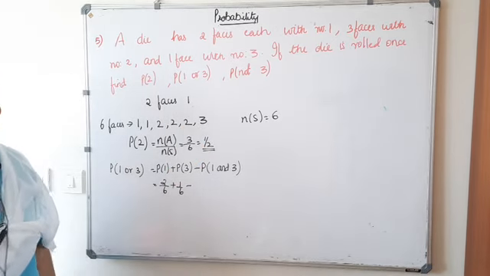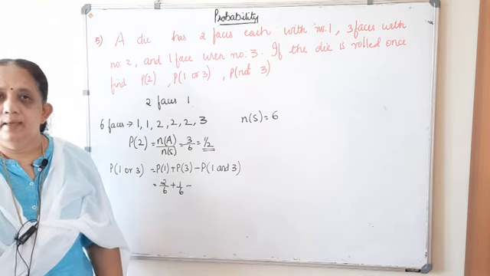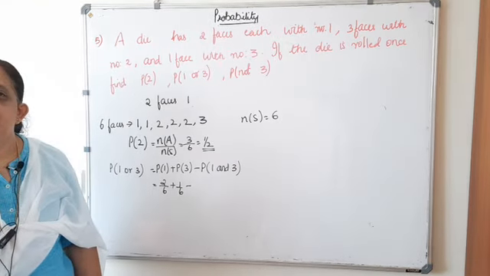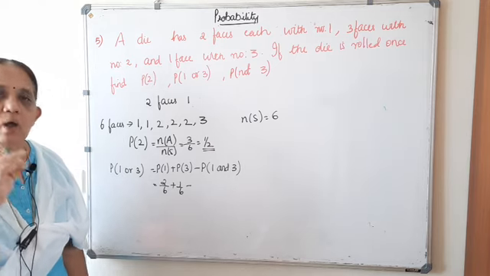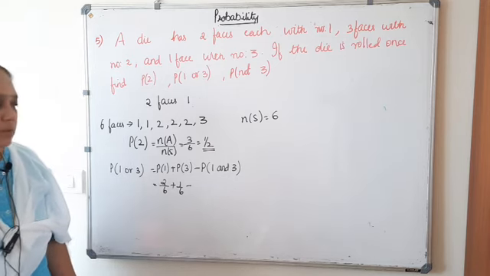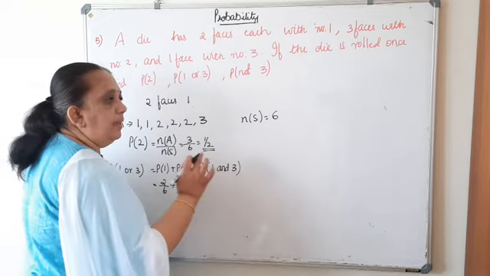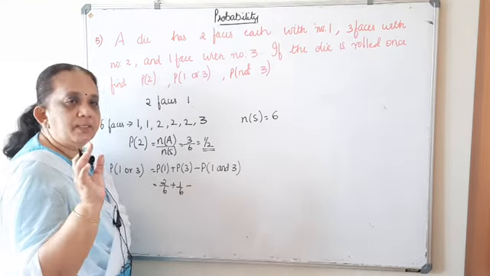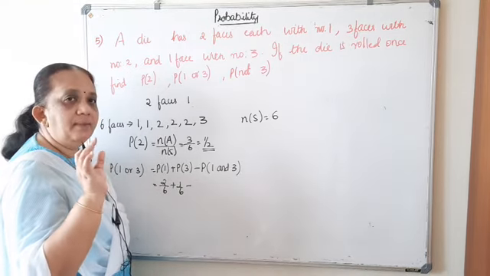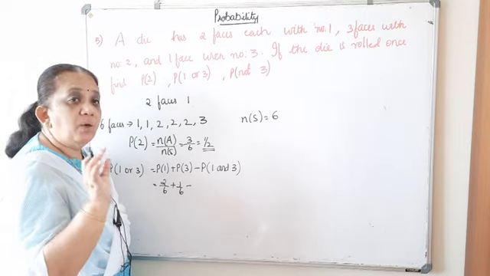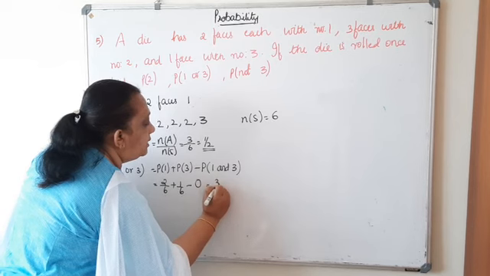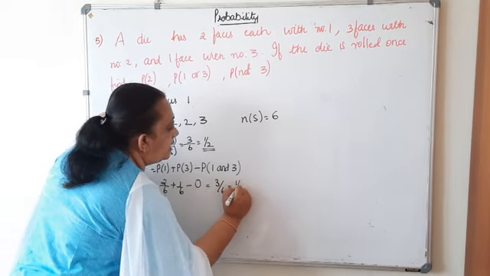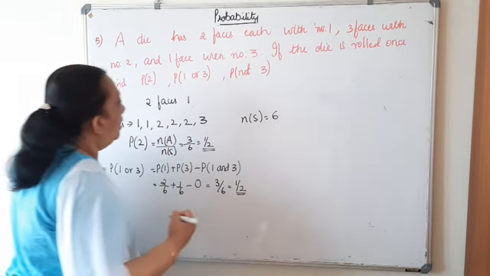What about probability of 1 and 3? There is no face marked with both 1 and 3. Either the face is marked with 1 or the face is marked with 3. They are mutually exclusive events, so this is equal to 0. So the answer is 3 by 6, which is equal to 1 by 2.